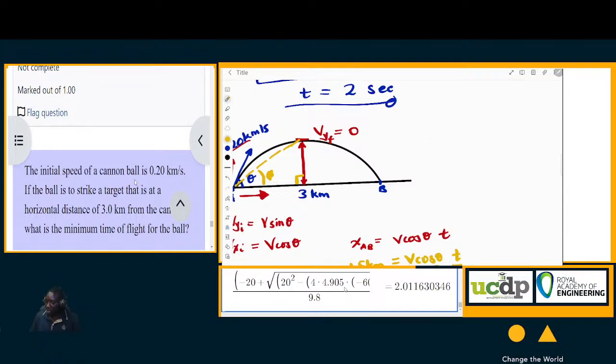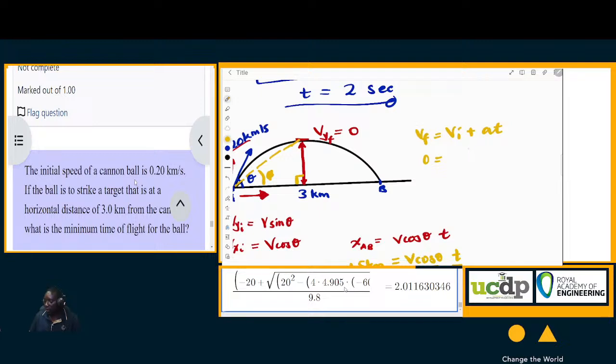Which equation can we use there? V final equals V initial plus a T. But V final is 0.